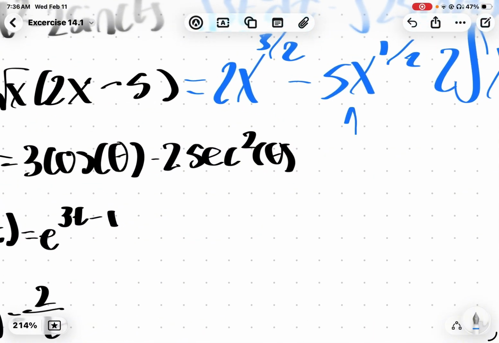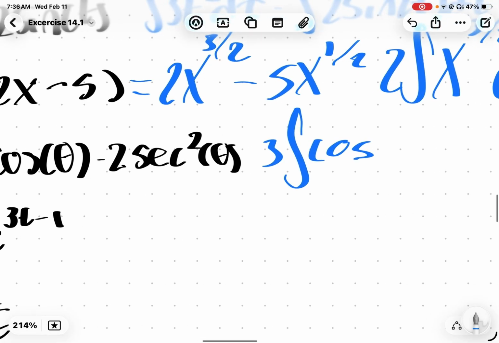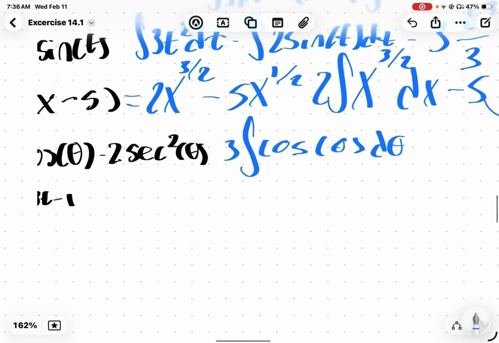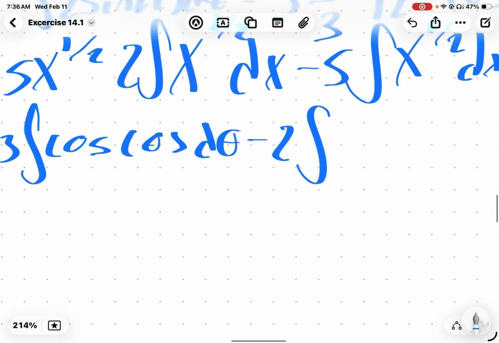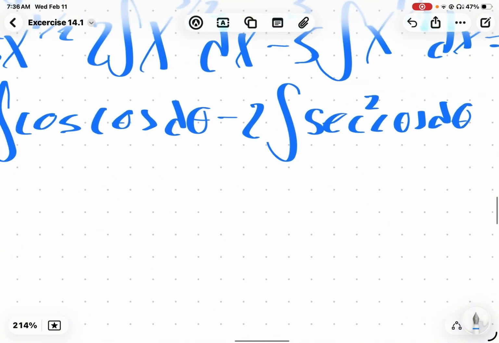So the integral of 3 times cosine, we multiply it times 3 times the integral of cosine of theta d theta, and then minus, take the 2 out, and then we have the integral of secant squared of theta d theta.